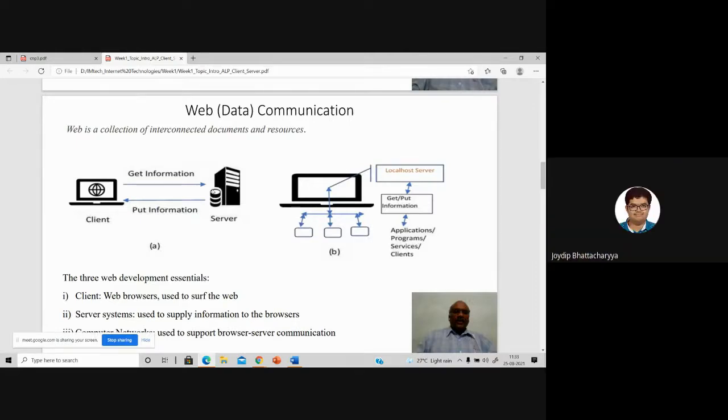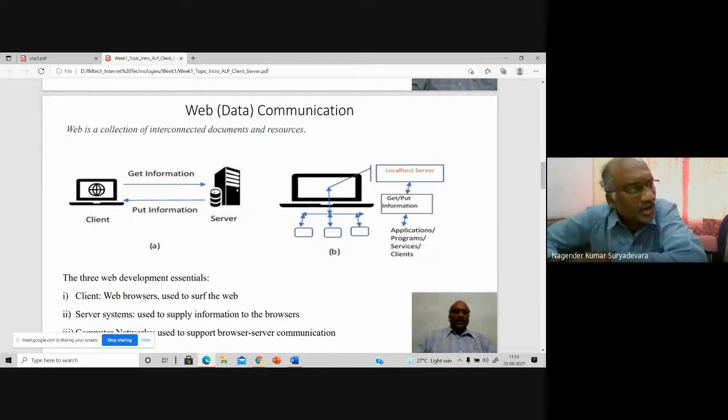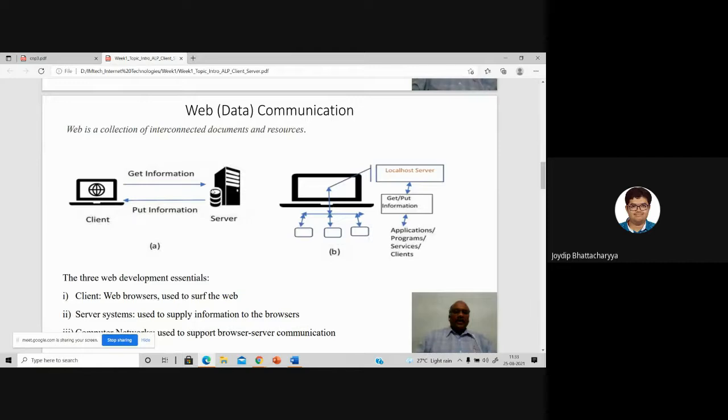Yes, sir, it's running on the same local box, but isn't it drawing some sort of parallel between this client-server communication? At the end of the day, both diagrams are similar because both are communicating to some server outside the system.